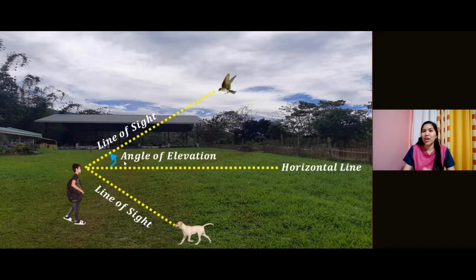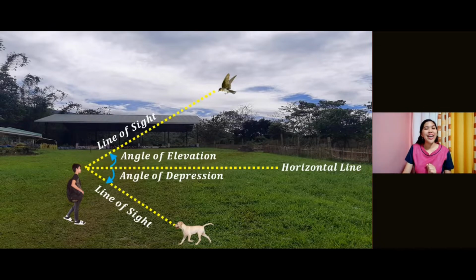And another angle is formed below your horizontal and the line of sight. This angle here is what we call angle of depression. See, even in our simple life experience, we encounter angles of elevation and depression.